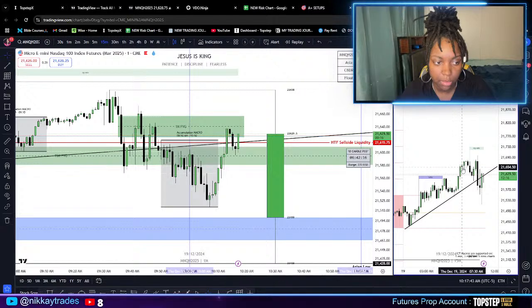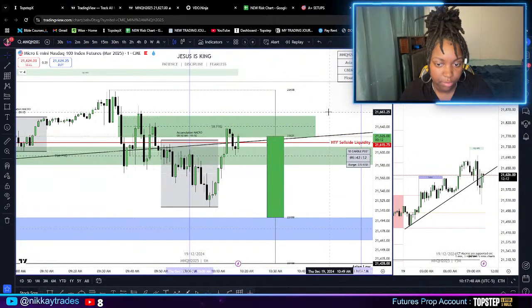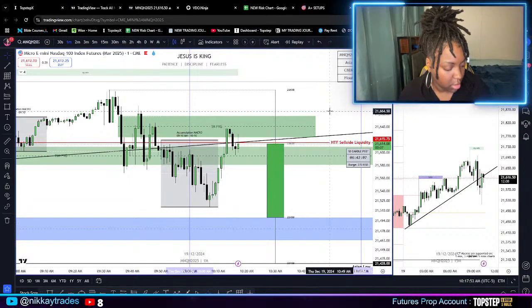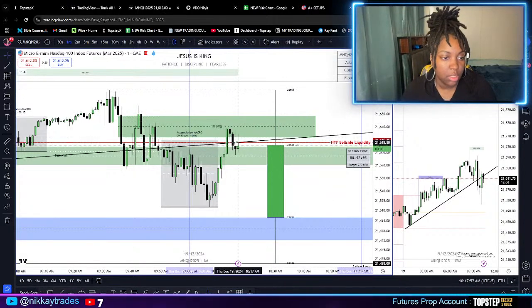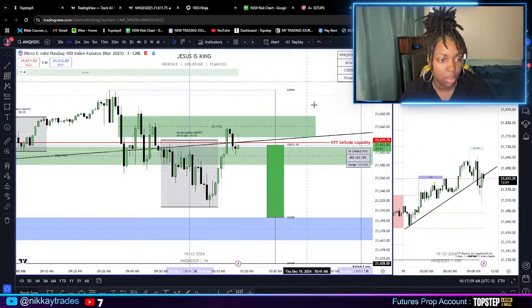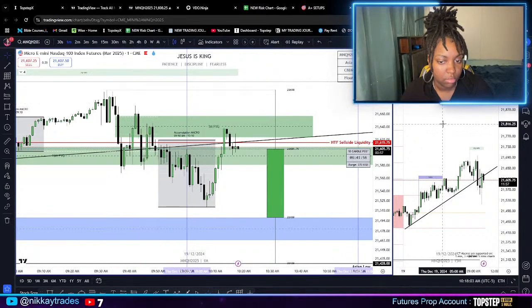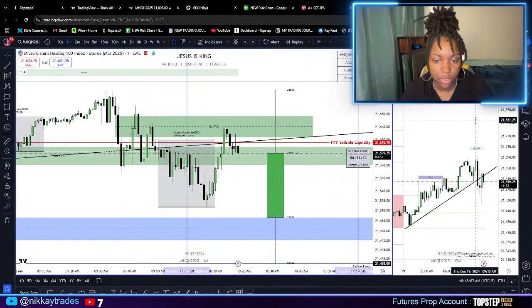Some bull crap. It just tapped it again. But see, it just looked like a simple breakout and retest on ES on the 15 though.